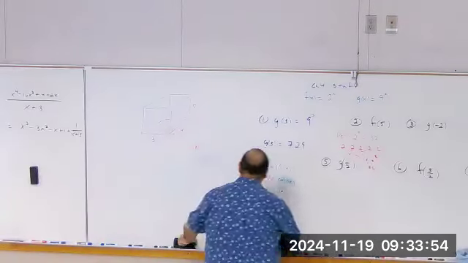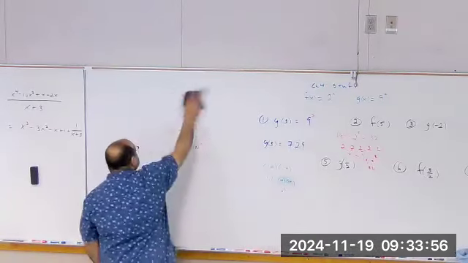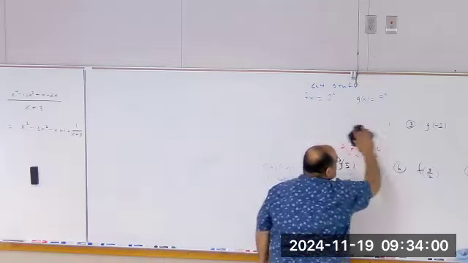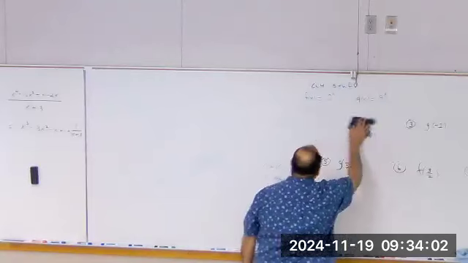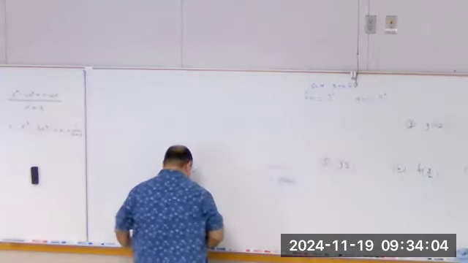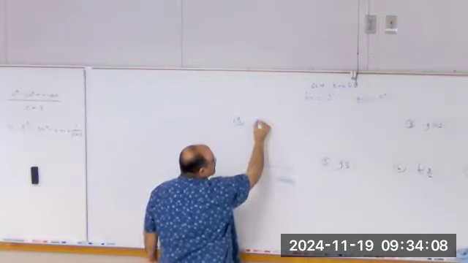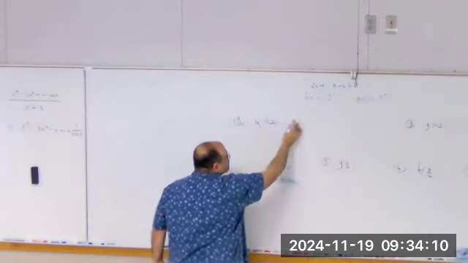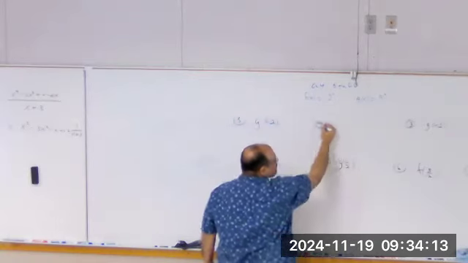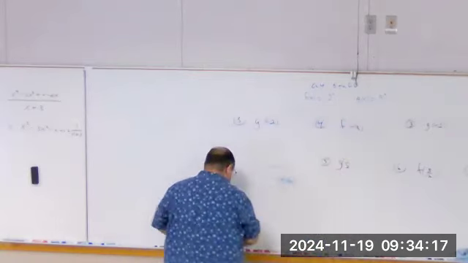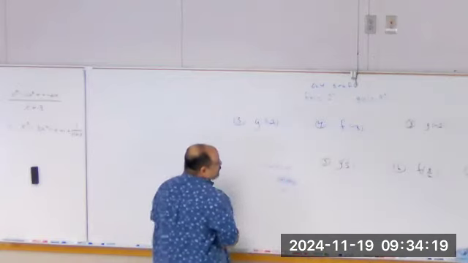Then, speaking of rules of exponents, number 3 and number 4. So first thing, write this out.